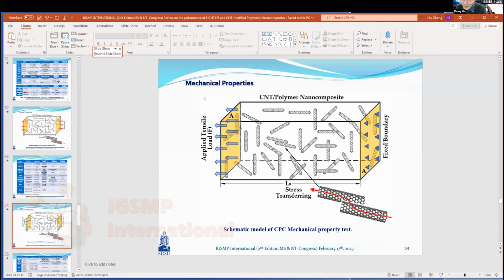And also the mechanical property is similar. When you have a functionalized carbon nanotube that can be overlapped, the stress can be transferred. So you can improve the strength or the modulus, because usually the matrix cannot take the stress, and the strength or the Young's modulus will be determined by the filler. That's the reason: you improve the stress transferring.